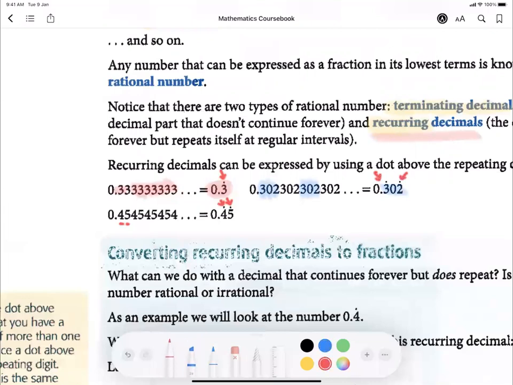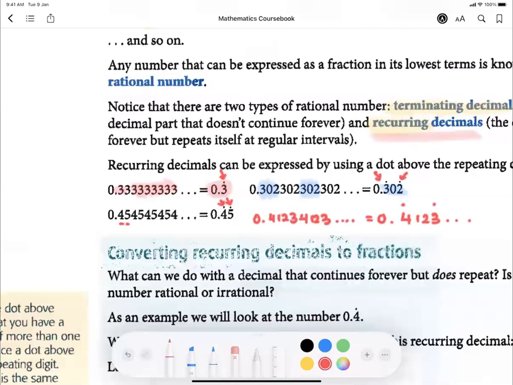For example, if I write a recurring decimal of 4 numbers, 4, 1, 2, 3, 4, 1, 2, 3, I will put it as 0.4123, with 1 dot on top of 4 and 1 dot on top of 3. That means that 4123 will repeat again and again.